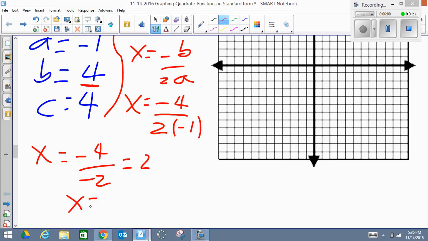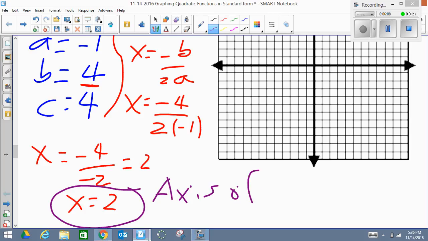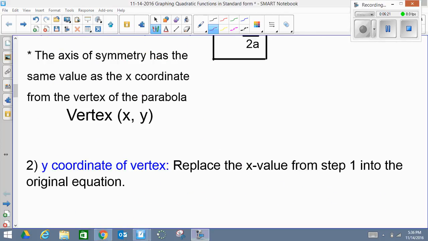So my axis of symmetry is equal to 2, and that's your formula. That's the equation of the axis of symmetry. Okay, that's what I'm looking for right now. Now, every time you find the value of the axis of symmetry, I'm going back here because I have a note here saying that the axis of symmetry has the same value as the x-coordinate from the vertex of the parabola.